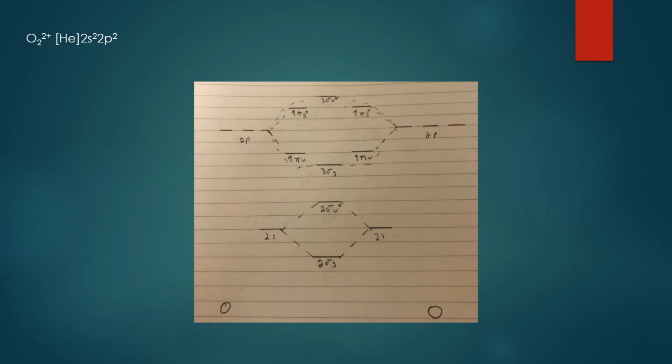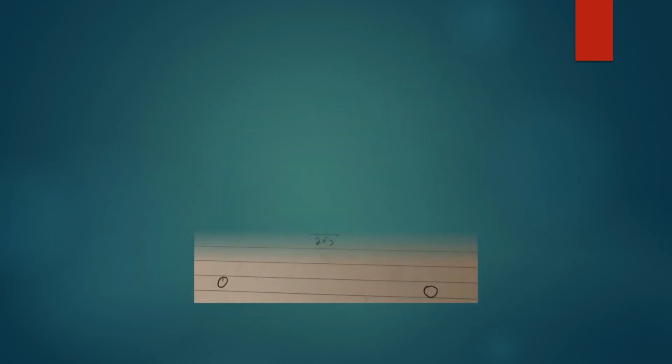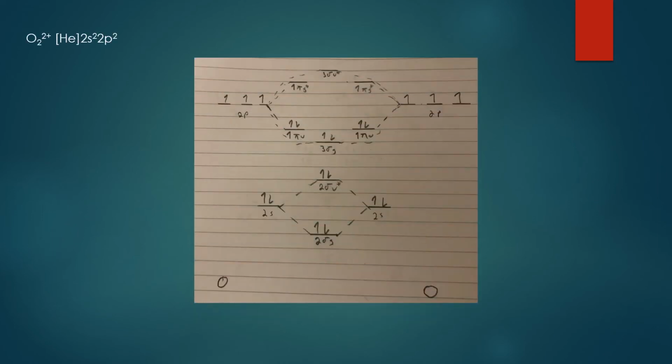So let's plug them in. So you can see here 2p3 here, 2p3 here, because obviously an electron was lost on each to show the 2+. And again, use the Aufbau principle. So you'll have 2s2, plug them in here, and the 2p3, plug them in here.